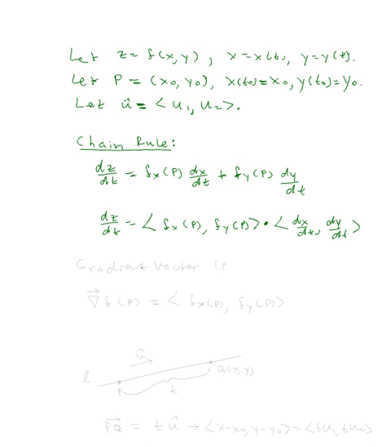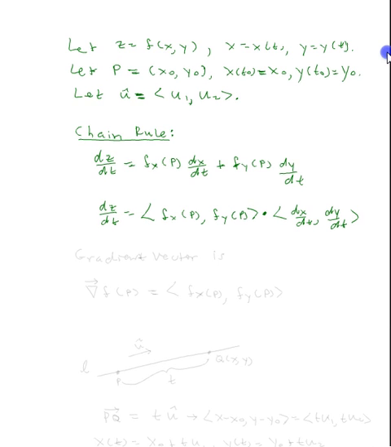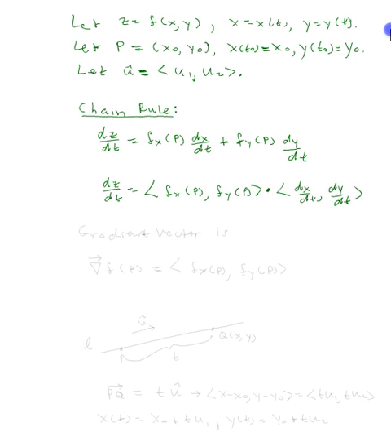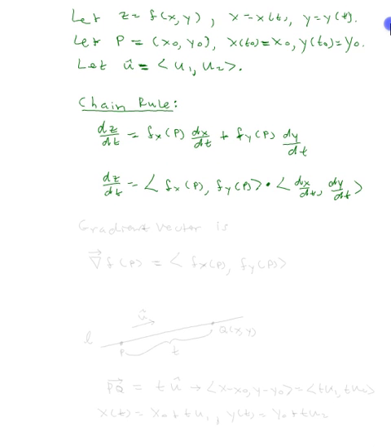So dz dt can be written as the dot product of these two vectors. The first has components the partial of f with respect to x at P and the partial of f with respect to y at P, and the second vector has components the derivative of x with respect to t and the derivative of y with respect to t.